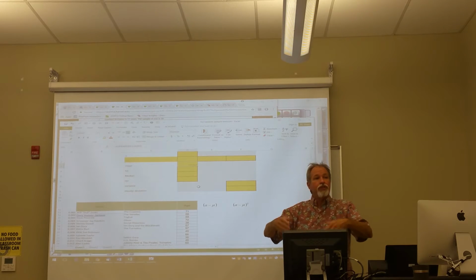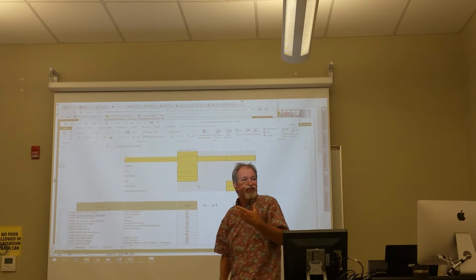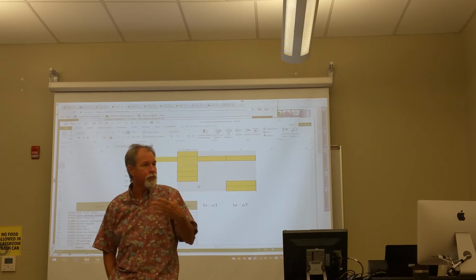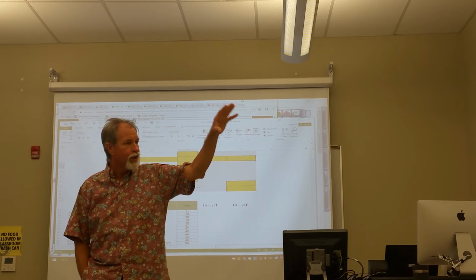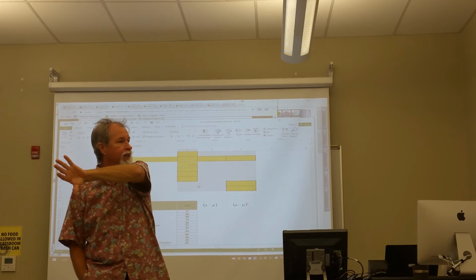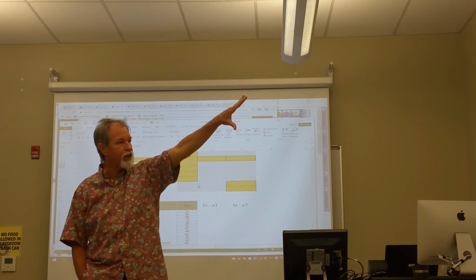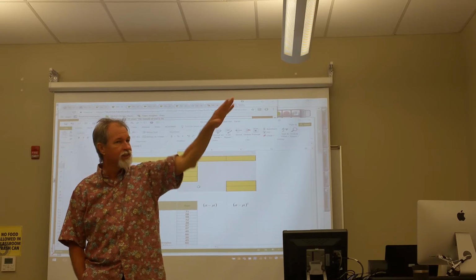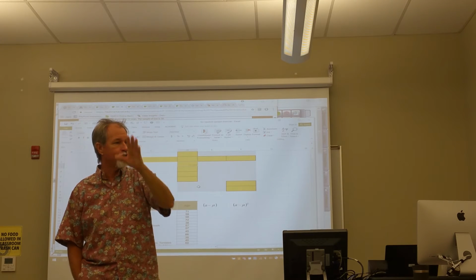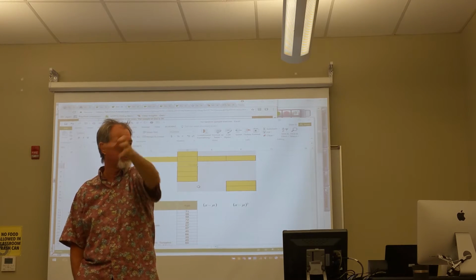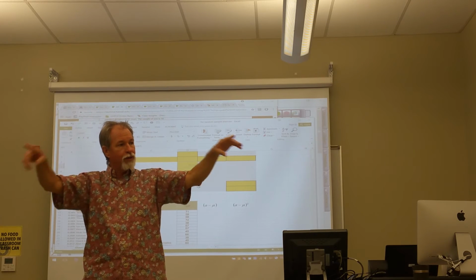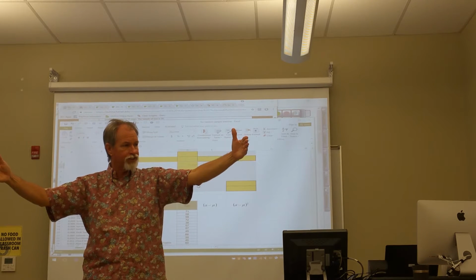That's what the central limit theorem builds on, that we can do this and get back to the population. The first thing we're going to do is make point estimates. Then we're going to talk about making an interval estimate.